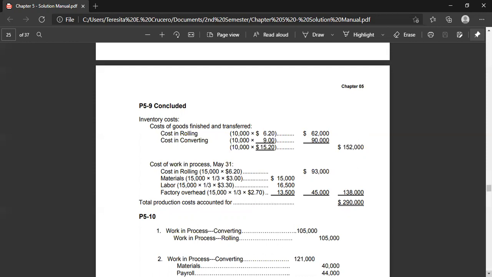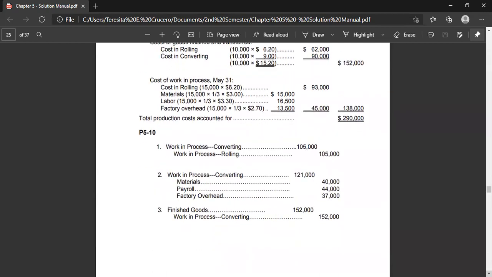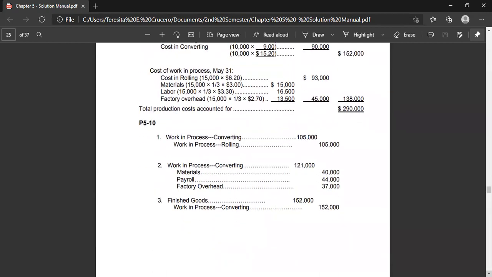All right, we have the last problem here, which we are going to take up. 5-10, the journal entries. What are the journal entries? To the cost of goods received from rolling during the month.